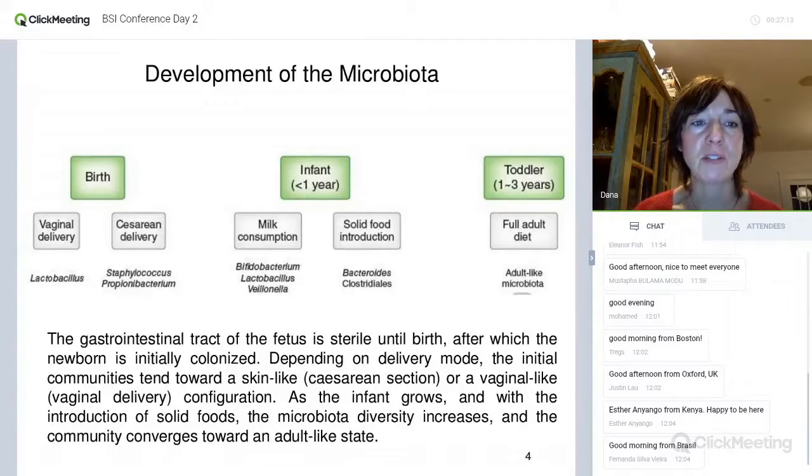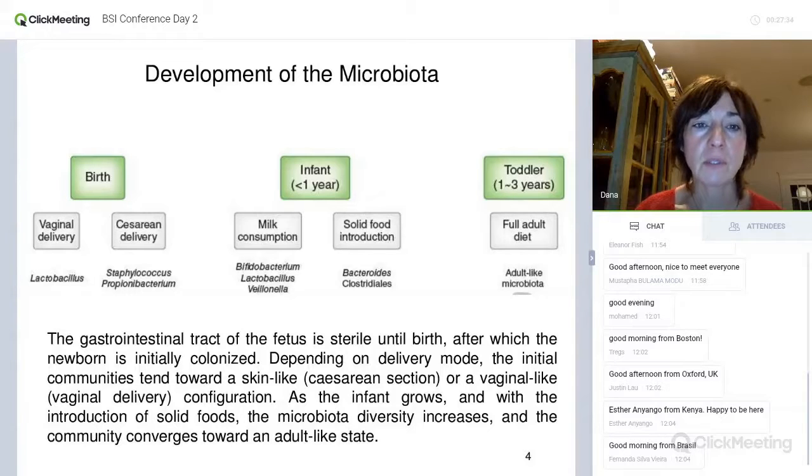By vaginal delivery, the microbes that first colonize the intestine are typically lactobacilli, and these are the organisms that are found in the vagina. Whereas if a baby is born by cesarean section, the organisms that colonize the intestine are the ones that we find mainly on the skin.